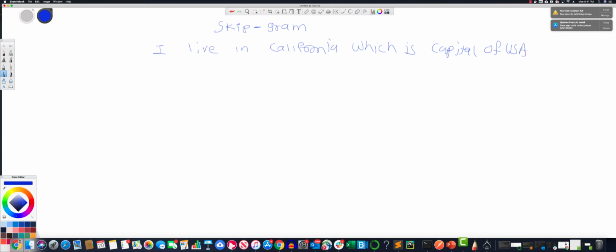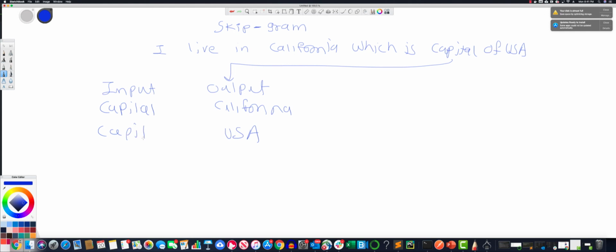In this example we will feed capital as input, and there will be multiple outputs. So the input is capital, the outputs are California, USA. Given a word, it tries to predict the context. That is what skipgram does.